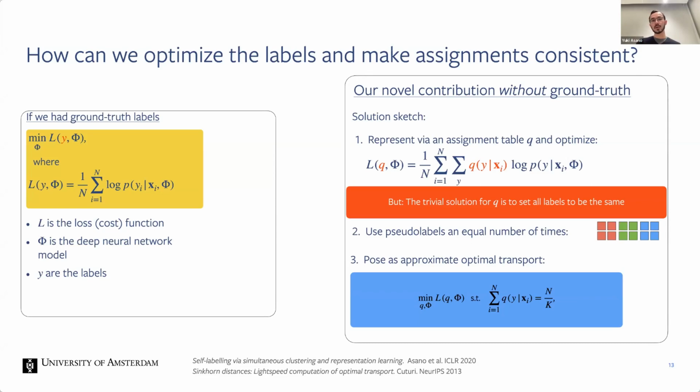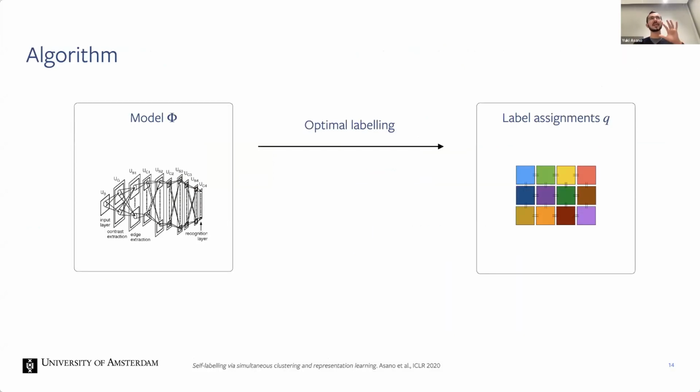And so the overall algorithm looks as follows. You start with your randomly initialized neural network, in this case a CNN. You apply this optimal labeling procedure, which uses optimal transport, and you get some label assignments. Now, these won't be perfect at the beginning, but they will be good enough. You then train your network with cross-entropy training while using these augmentations, then your model gets slightly better.